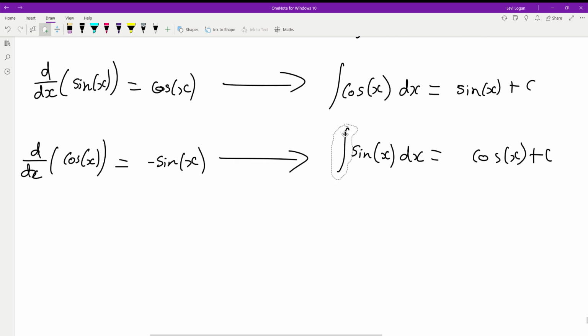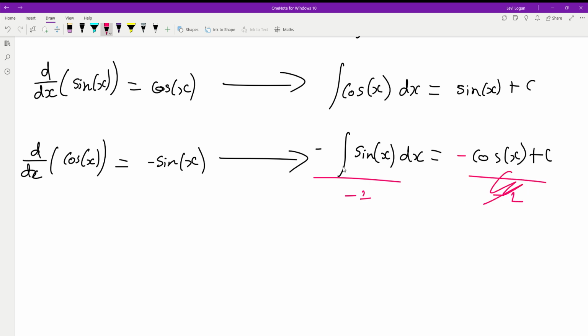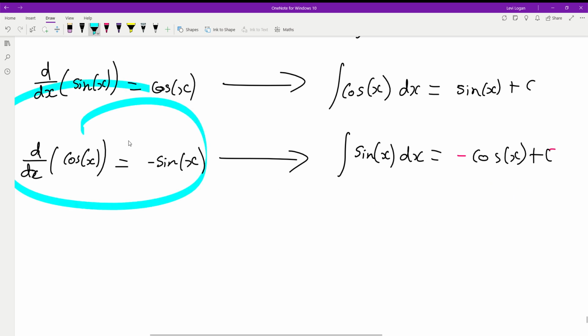So the integral of minus sine of x gives me cos of x. I can take that negative 1 out of the operator. And then if I wanted to, I could divide both sides of the equation by negative 1. So in other words, divide this side by negative 1 and this side by negative 1. That gives me a negative here and no negative there. The constant remains the same because it could be any constant on the number line. So that's why the integral of sine of x is minus cos of x plus c, when we know this information here. Okay?